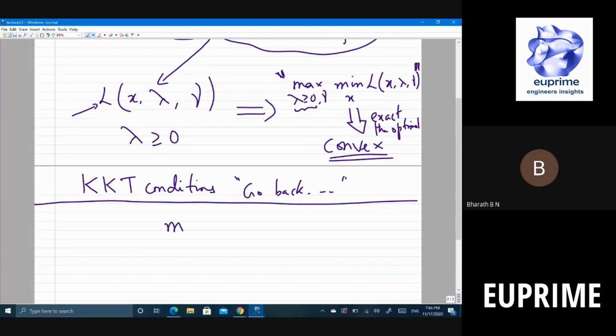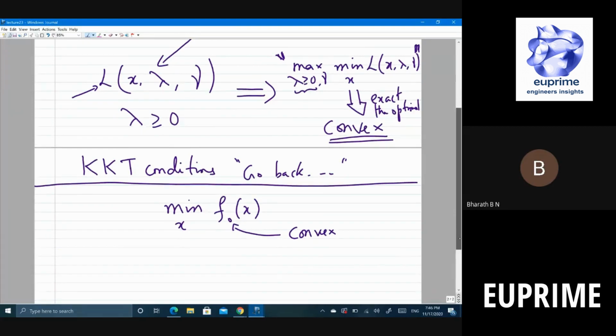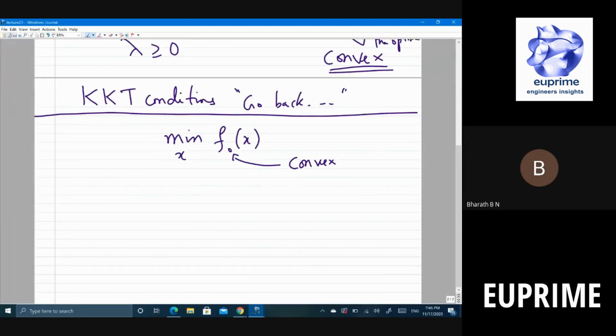So let's look at the first unconstrained problem. Let's say I want to minimize over x in the domain of some function f naught of x. Let's assume that this f naught is convex. Now, what is the algorithm that you will use? This is how it looks. This is your optimum, the optimal point.